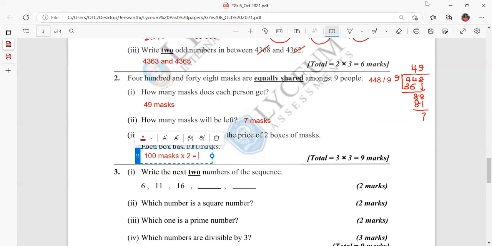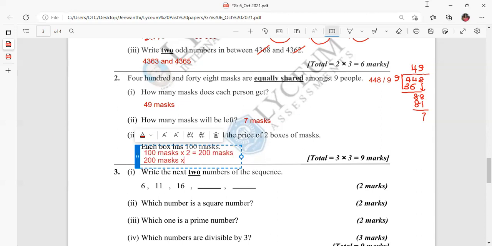Altogether now you have 200 masks, right? So then what is the price of 1 mask? It is 0.80. So 200 masks you have, you multiply this with the value 0.8.